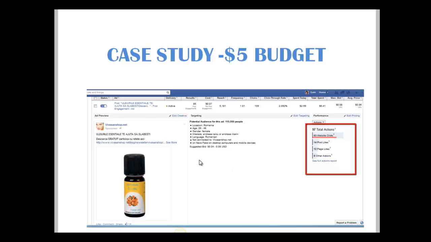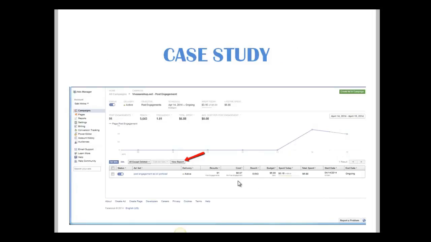For the total, $6.41, 97 actions, 63 website clicks, 14 post likes, 12 page likes, 8 other actions. Okay, let's go to the next page. On the next page, I have the report for this. So 91 results. It's basically the same report, just a different layout.